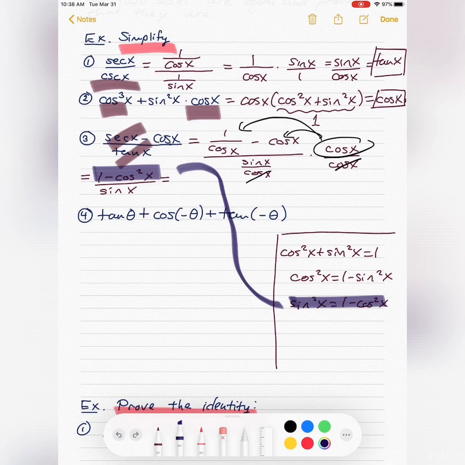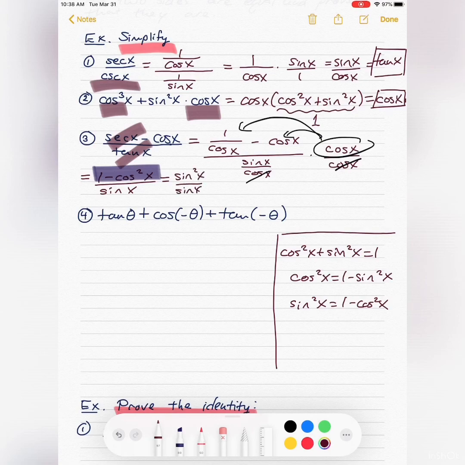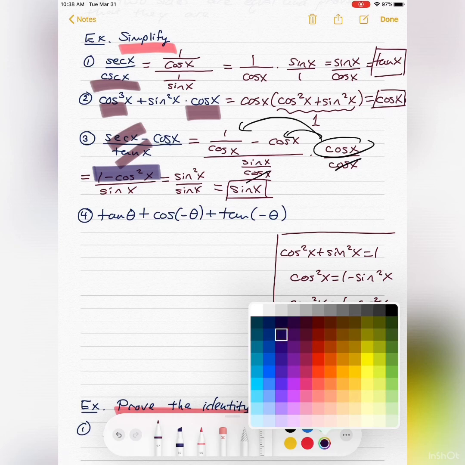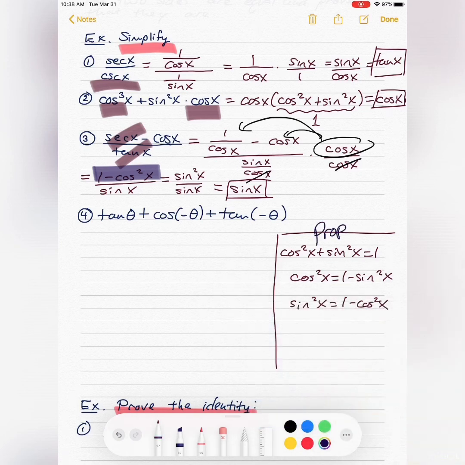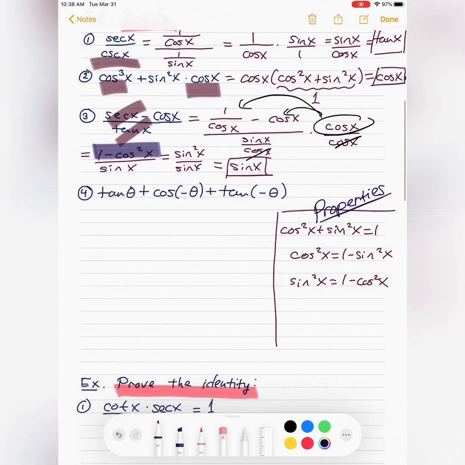So can't I replace 1 minus cosine squared then with sine squared? So then my result is just going to be sine of x. So what I'm doing over here, I'm kind of writing out, these are just some properties or facts that are going to be useful.